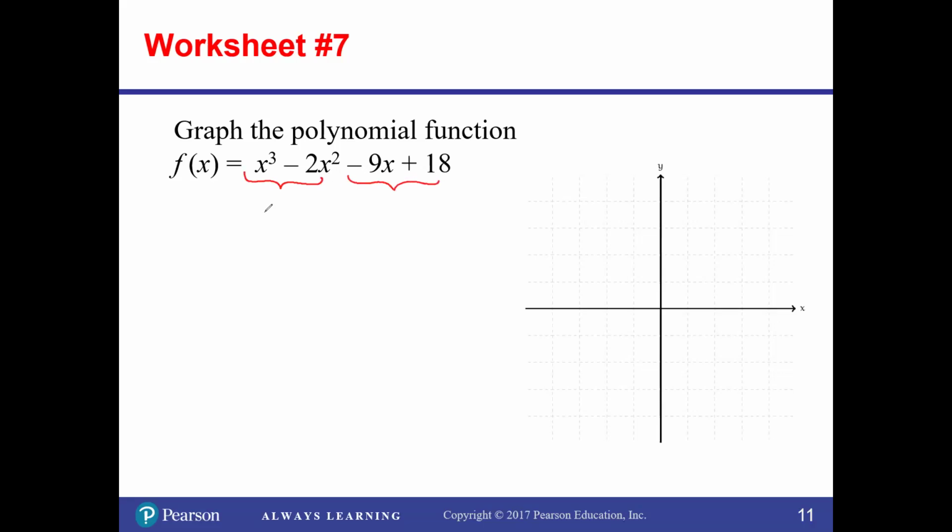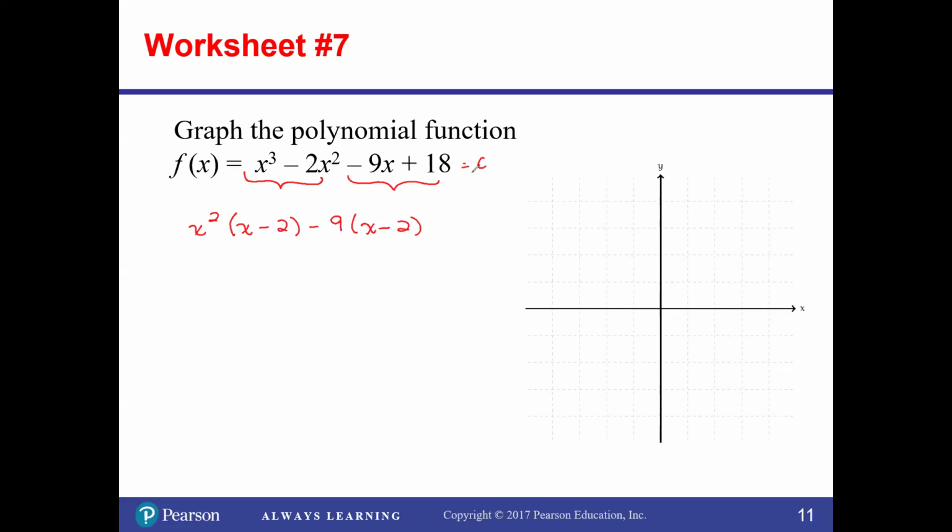So we got 4 terms. We're going to try factoring by groups again. So once more, I can factor out an x squared. So if I factor out my x squared, I'm going to be left with x minus 2. And then here I could factor out a -9, and I'd be left with x minus 2 again, because I'm factoring a negative from both numbers.